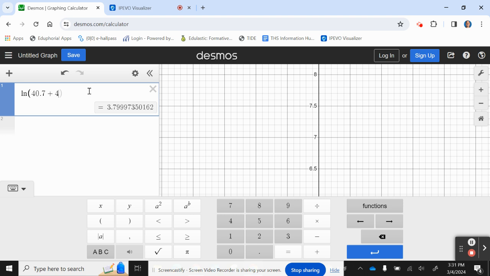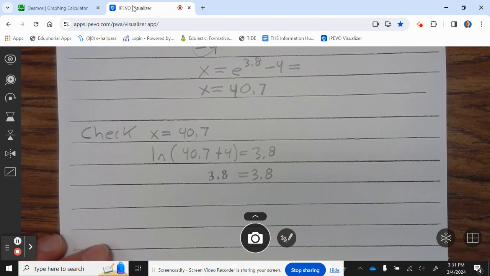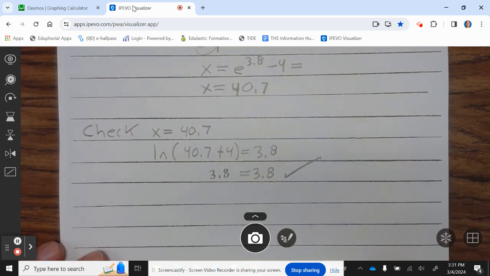If you round to one decimal place, that's 3.8. So this checks. So x equals 40.7 is a valid solution. Let's take a look at the next page.